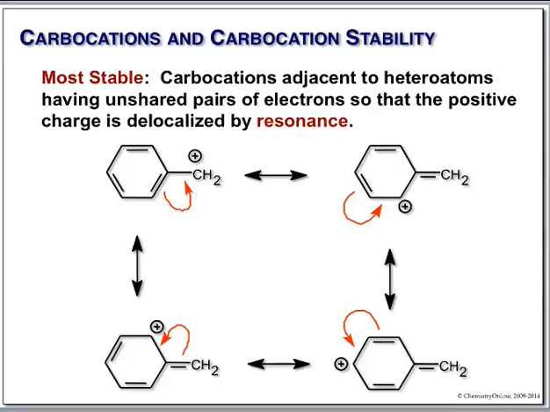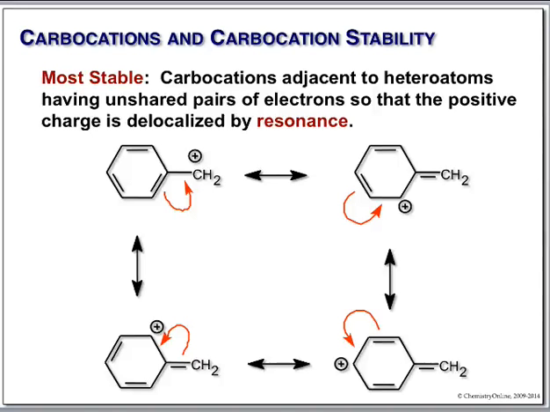One of the rules in nature is if you take a charge and you spread it out, it's going to be more stable. This is why drawing resonance forms is useful. And we will use this, resonance forms like this, to rationalize lots and lots of organic reactivity. Any questions?